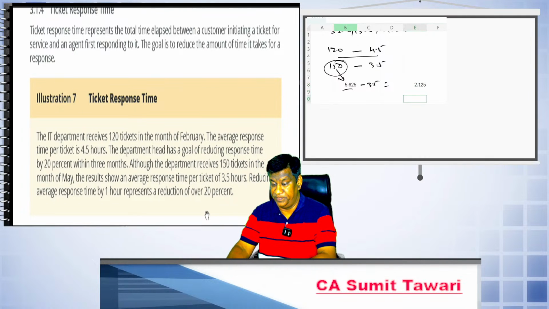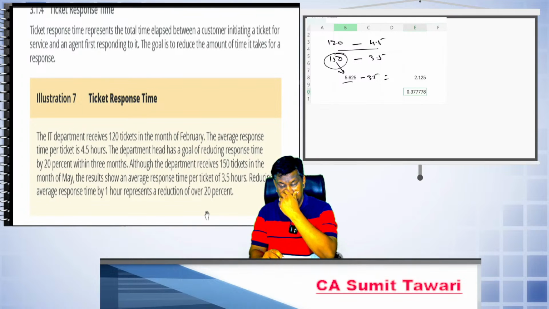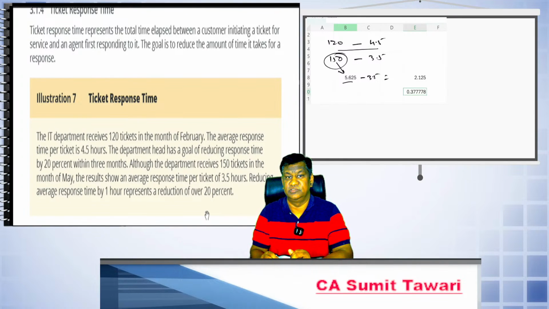And if I compare this divided by this, which is more than 20%, so it is 37%. So over 20% efficiency we are able to achieve. So these are basically the non-financial parameters which we are using to judge the efficiency.